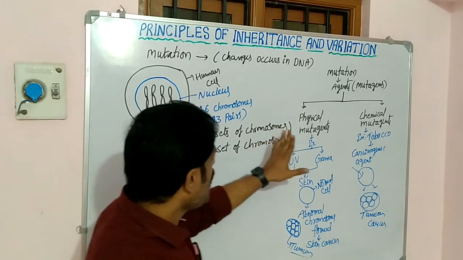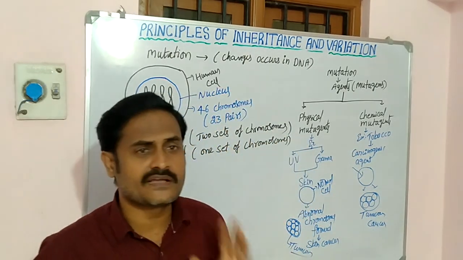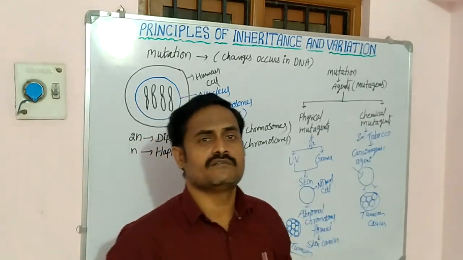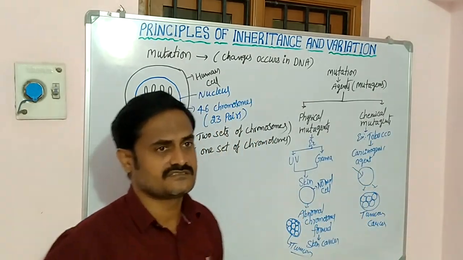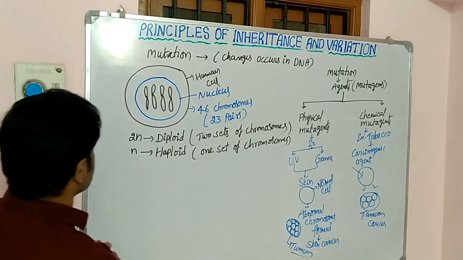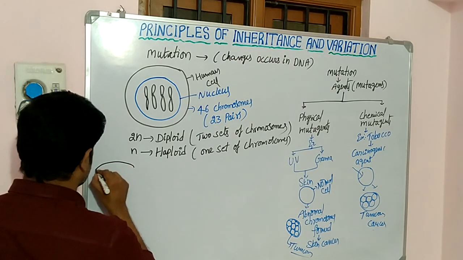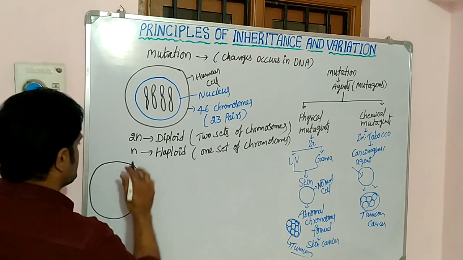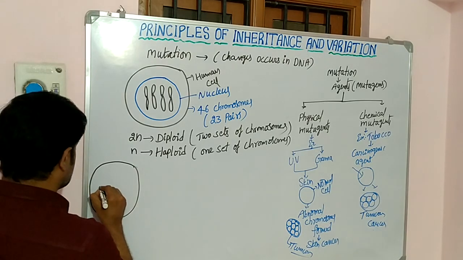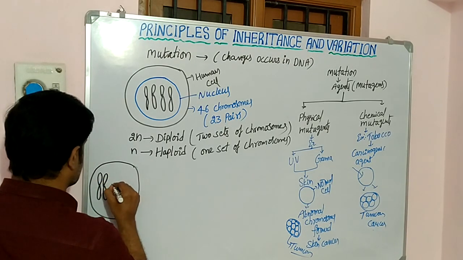How do the mutagens, either physical or chemical, cause damage to our DNA or genes? See here, I will give one example. Suppose first I take one normal cell. This is a normal cell. It consists of a normal number of chromosomes.